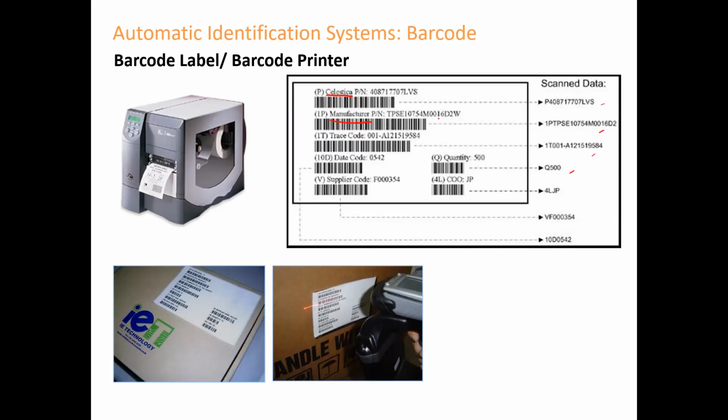Then it can mention that, okay, it is from Celestica, but from this plant, and you can trace the production line, something like that, and the date, and who the supplier is, and what the quantity of this product is, and so on. Okay, so we can use it as an ID to identify the things that you need to observe.